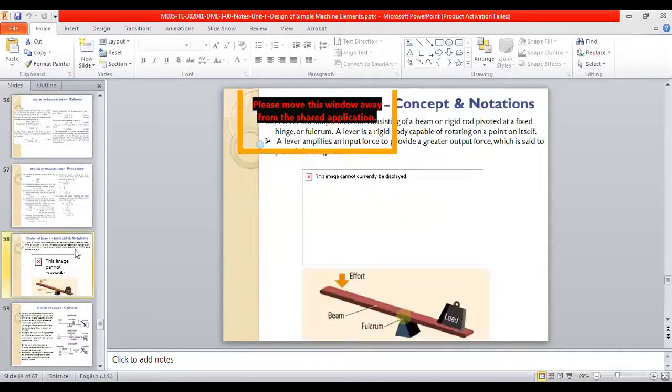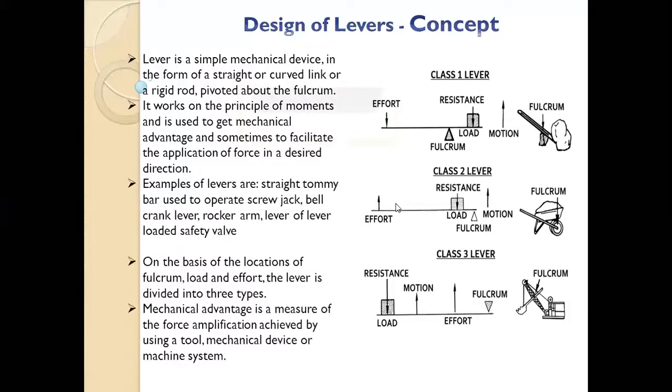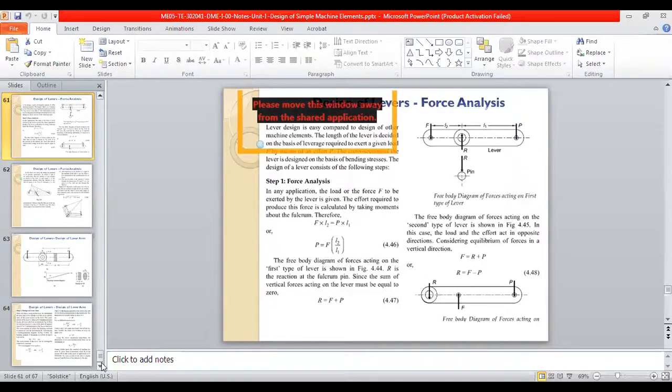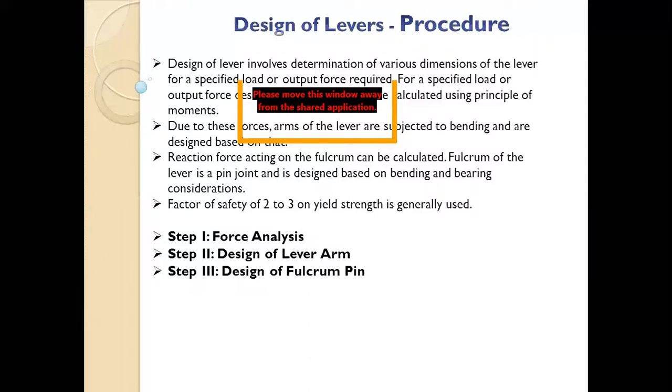First of all, we have gone through what a lever is and what the different classes of lever are. Then there are basically three steps for the design of the lever. Let me go to that slide quickly. This is the last slide which we went through.